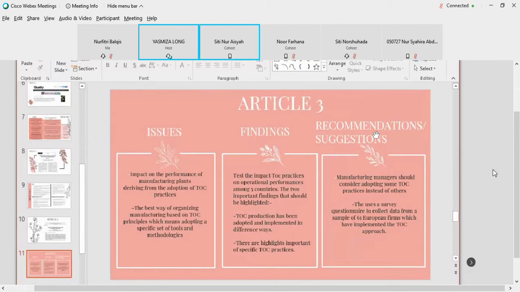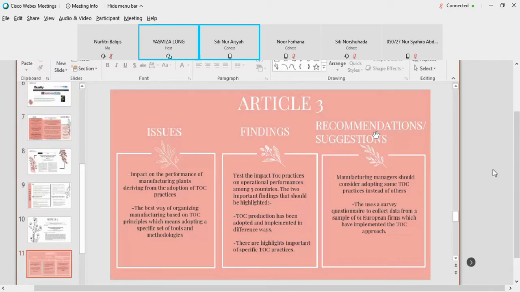First, the findings from this article: we know that statistical analysis from this article indicates that TOC production has been adopted and implemented in different ways. TOC production is relatively important in French and Spanish plants, not so important to German plants.